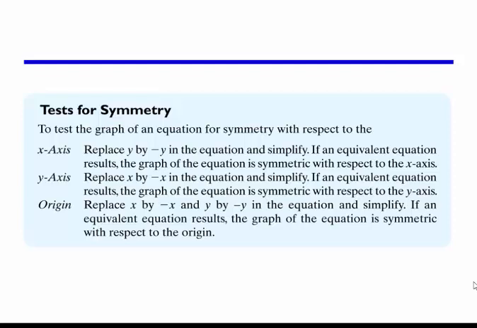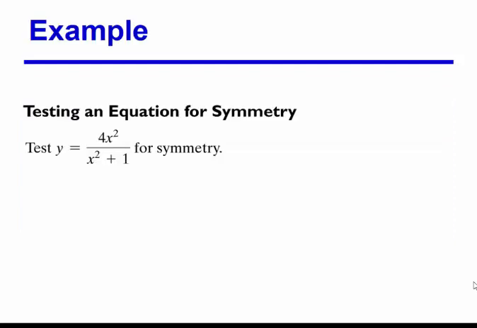For the origin, you replace x by -x and y by -y in the equation and you simplify. If an equivalent equation results, then the graph of the equation is symmetric with respect to the origin. So remember, x-axis: replace y with -y; y-axis: replace x with -x; and origin: you replace x and y by -x and -y.